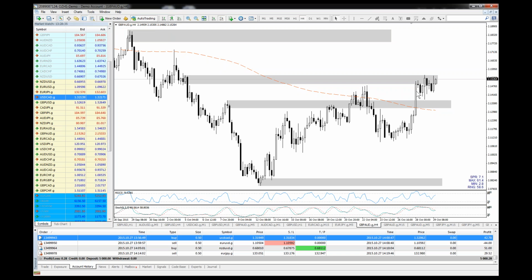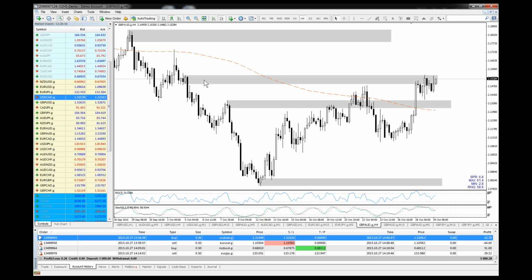But while we were gone, price came up and tagged this box and gave us a nice 100 pip drop from there and pretty much went right to the top of the box just below it. Again, just to give you an idea of how powerful these areas are.